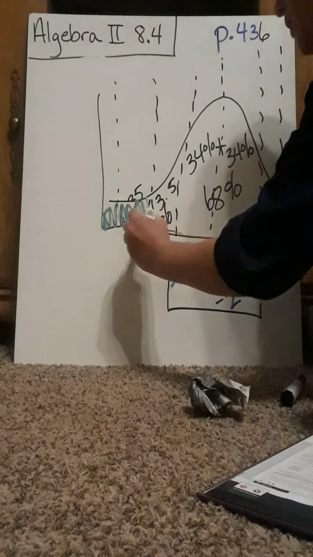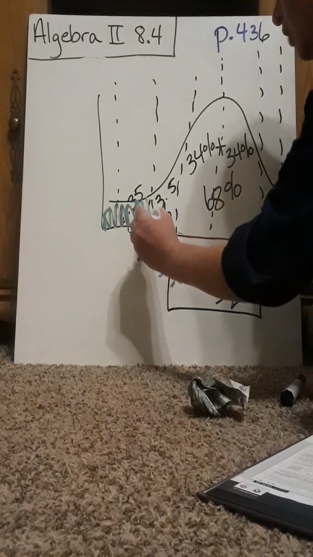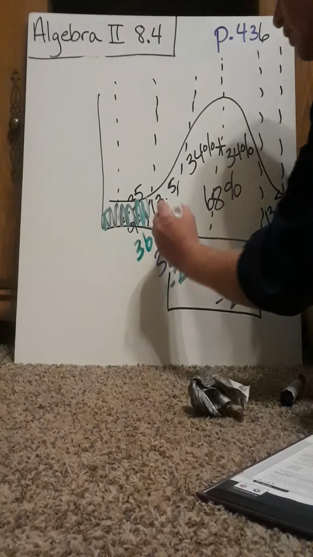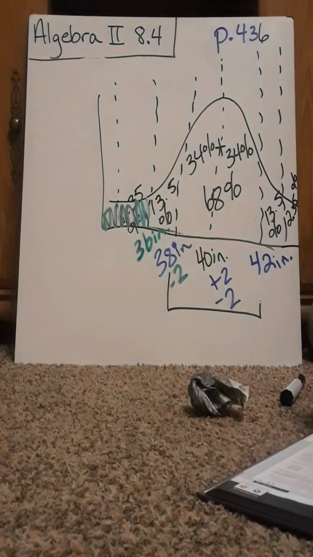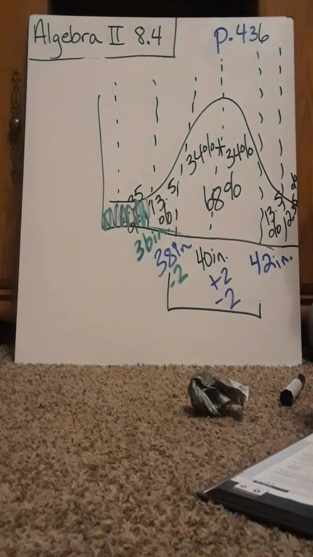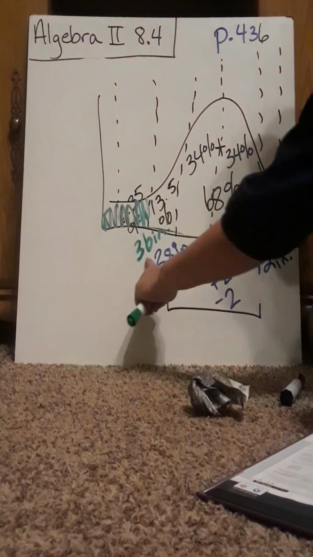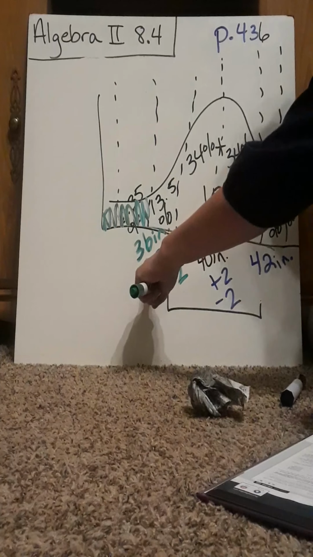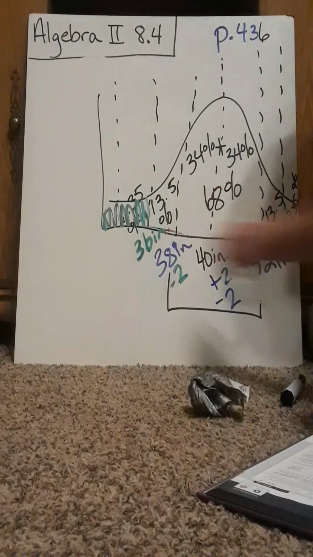That's going to put me at 36 inches right here. From that point to the left is going to be my smallest 2.5%. So that means that I would expect my smallest 2.5% to have chest circumferences of 36 inches or smaller.